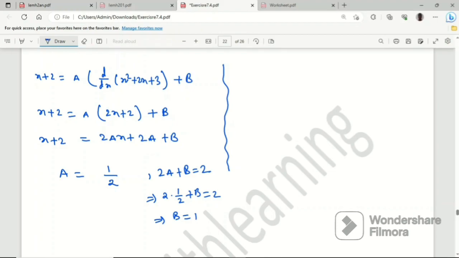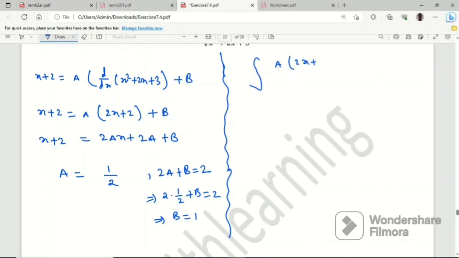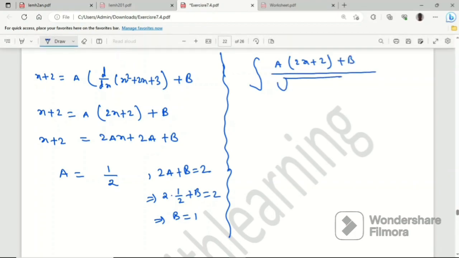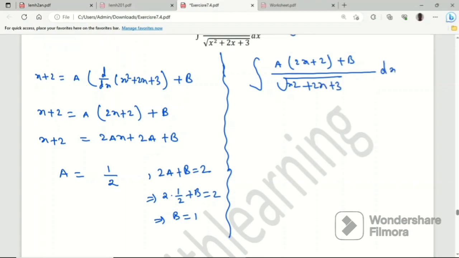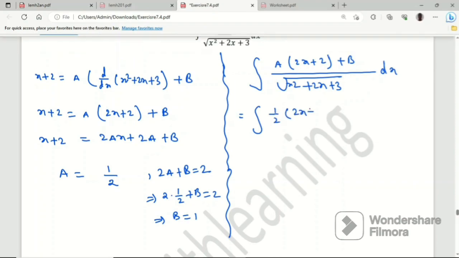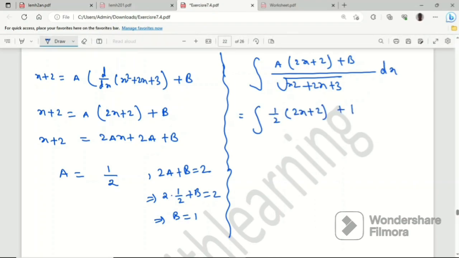I can write here the integration of x plus 2 by, I am replacing, a into the differential coefficient, which was 2x plus 2, plus b, by under root x square plus 2x plus 3 dx. So the value of a is 1 by 2 into 2x plus 2 plus 1, under root x square plus 2x plus 3.